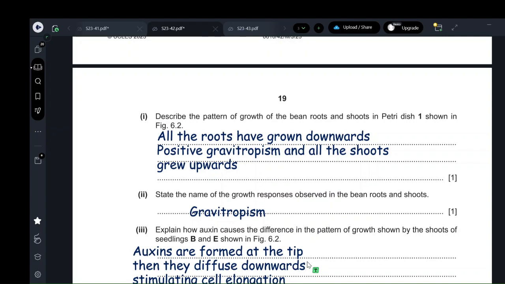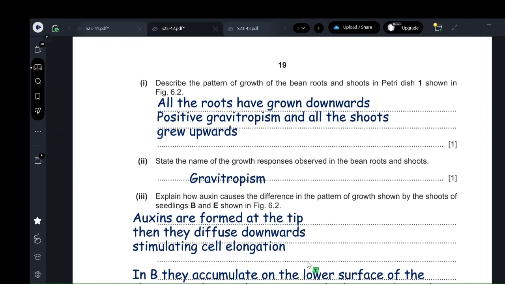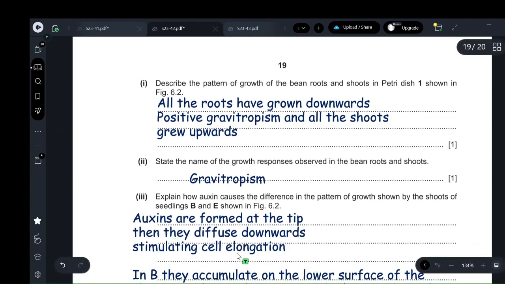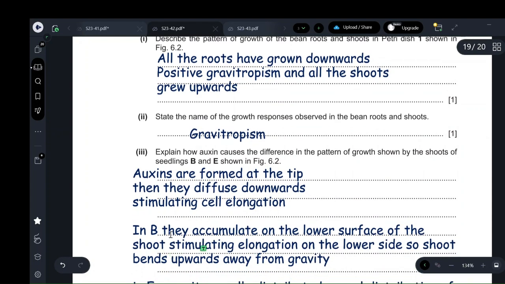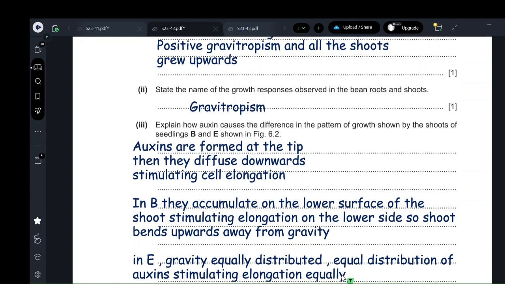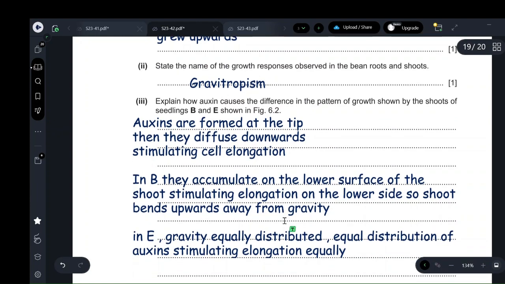These seedlings were in the dark, so they diffuse downwards and stimulate the elongation of cells. In B, they accumulate on the lower surface of the shoot, stimulating elongation on the lower side, so the shoot bends upwards. So what about E? E was rotating, so the gravity was equal from all the sides. Therefore, I have equal distribution of auxins, and therefore the shoot grows horizontally.